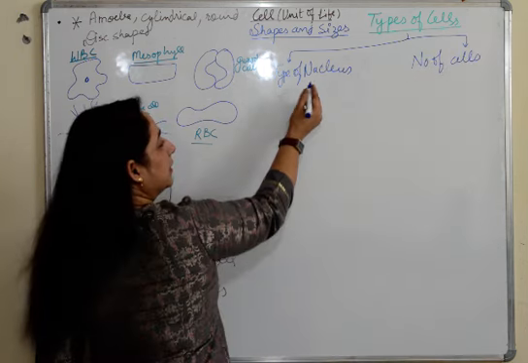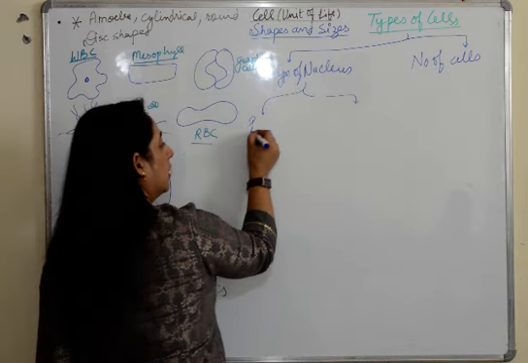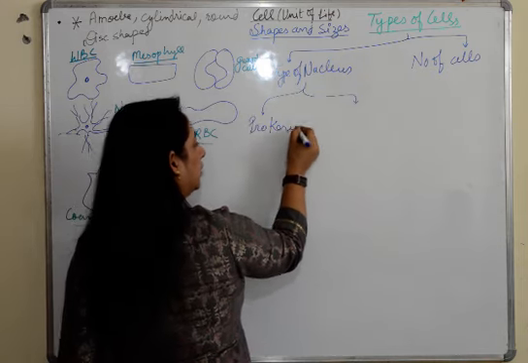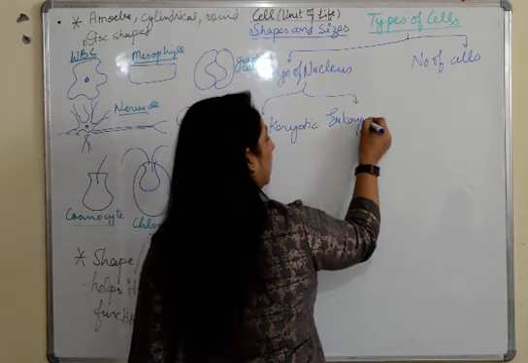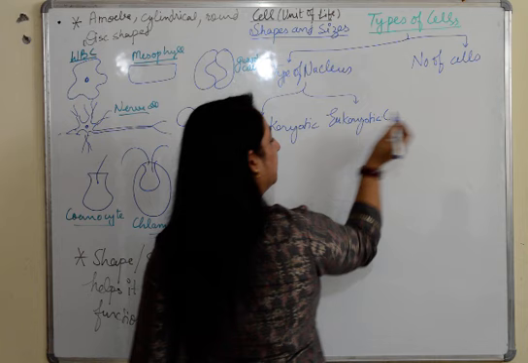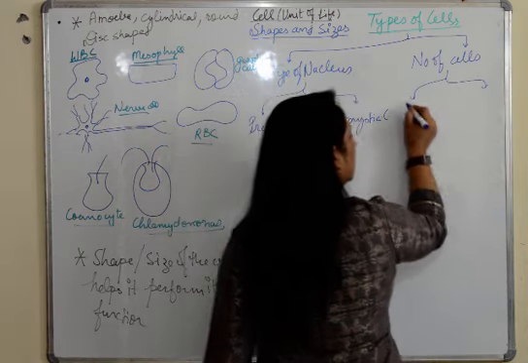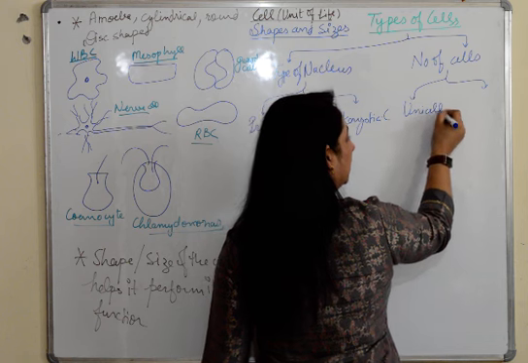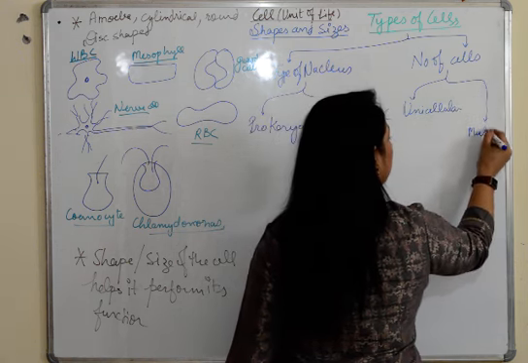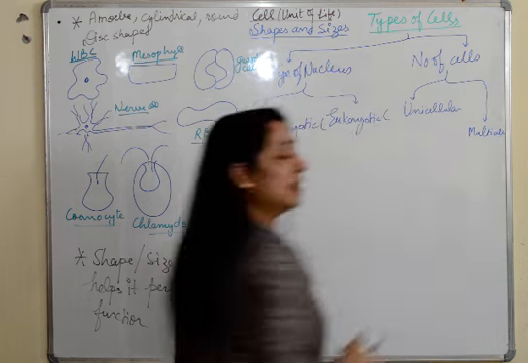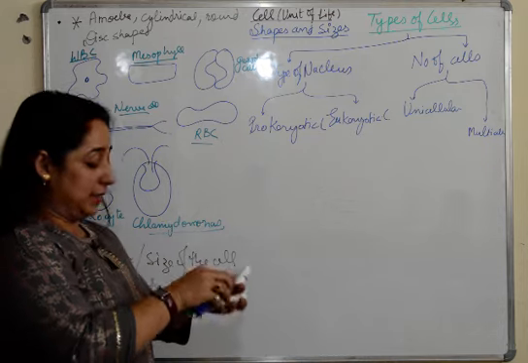Under the first heading we have two main divisions, prokaryotic cell and eukaryotic cell. Fine. And under number of cells also we have two divisions, unicellular organisms and multicellular organisms, the ones which have many cells. So we'll talk about them one by one.